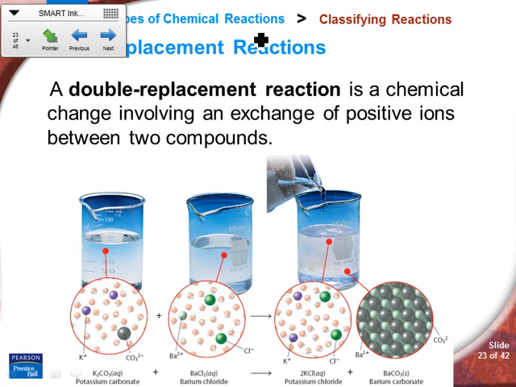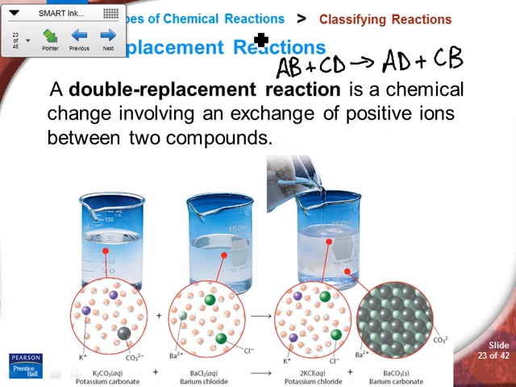So double replacement reaction, have you guys ever seen the show Wife Swap? Okay? It's kind of like that, right? So what's happening is you've got two compounds here, and the parts of the compounds are switching places, okay? So the general form of this one would be AB plus CD gives us, and you have to be careful how you write this, it's going to be AD plus CB, okay?